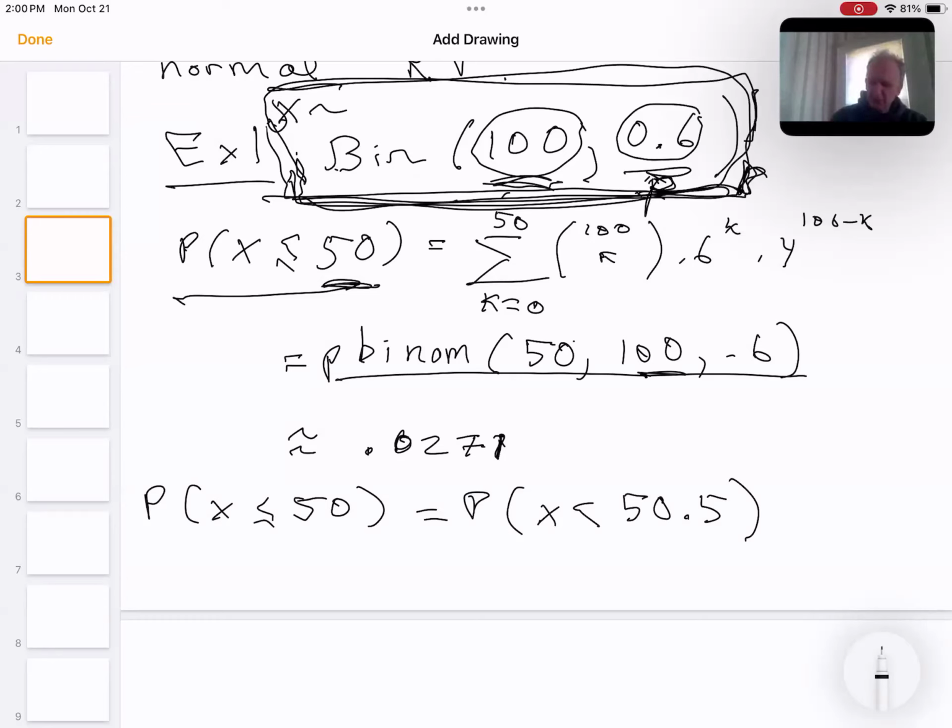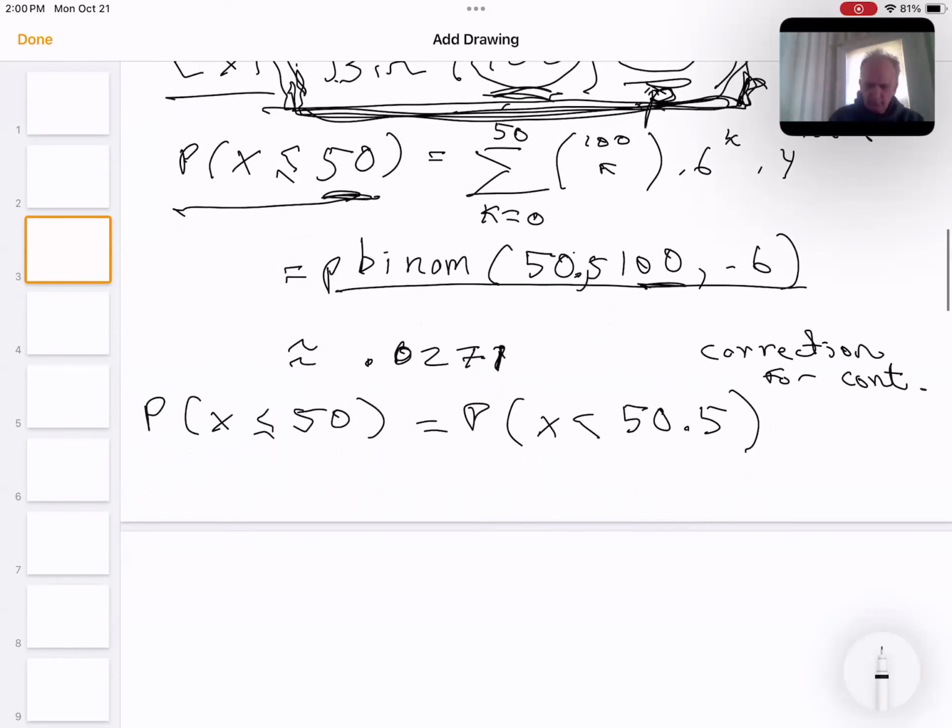The reason you do this is called the correction. Does anybody know? For continuity, which is coming up. I do it here just because it's still true. I could have typed 50.5 here and I'd get the same number. Now I want to standardize it, to keep it well defined.